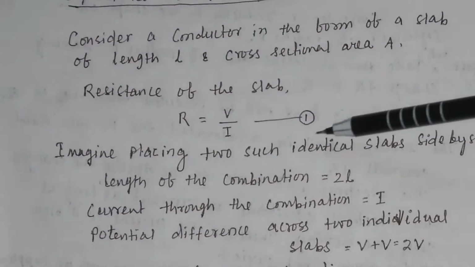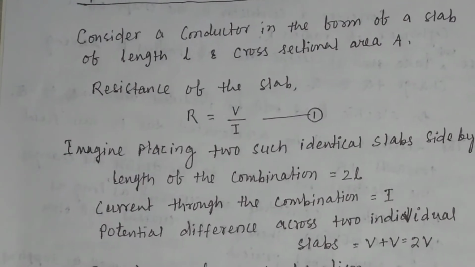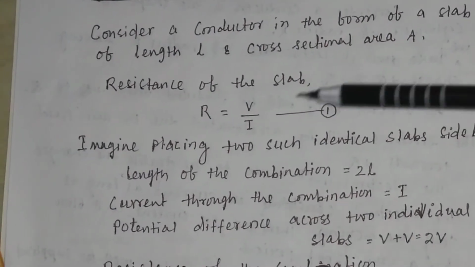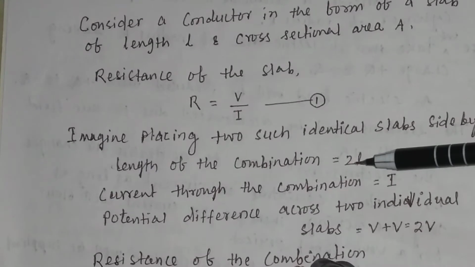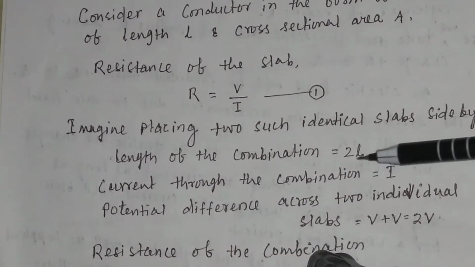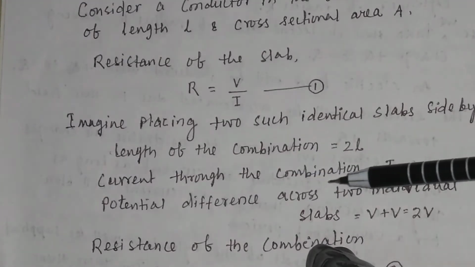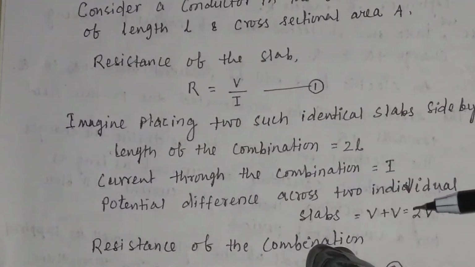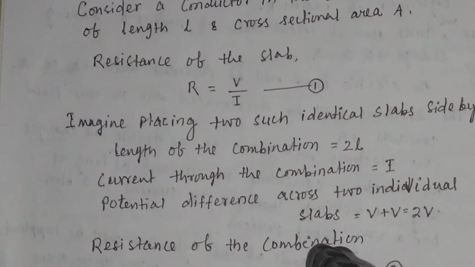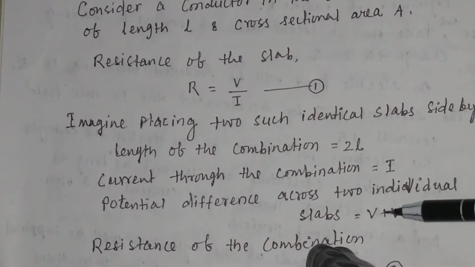Imagine placing two such identical slabs side by side. Length of the combination is equal to 2L. Current through the combination is equal to I, and potential difference across each individual slab is equal to V. Since there are two identical slabs, the total potential difference will be V plus V, that is equal to 2V.